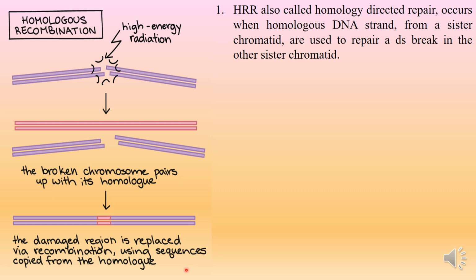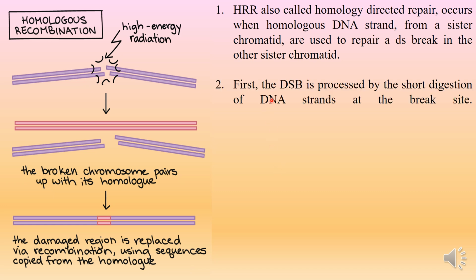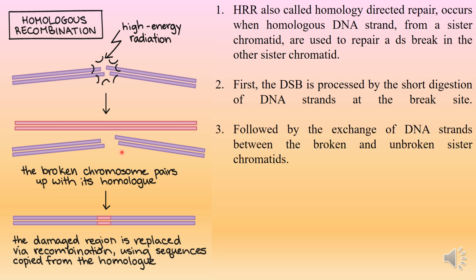So let us look at the steps. At first, the double stranded break is processed by short digestion of DNA strands at the breaking site. This is followed by DNA exchange of strands between broken and unbroken sister chromatids. So this is the unbroken, this is broken.